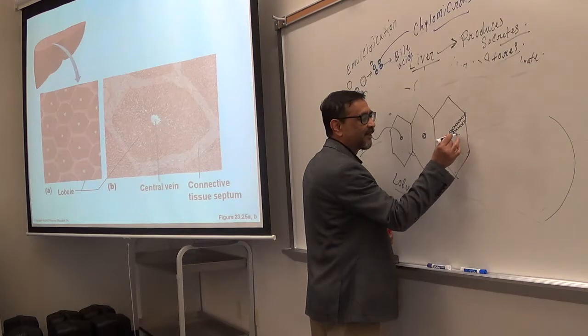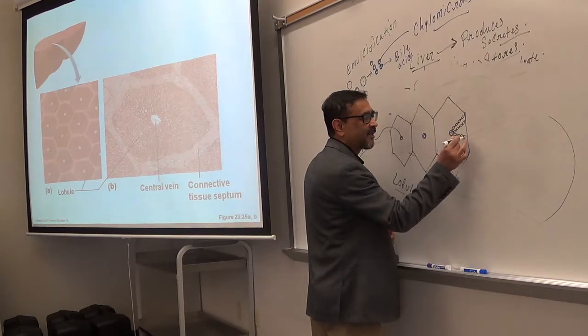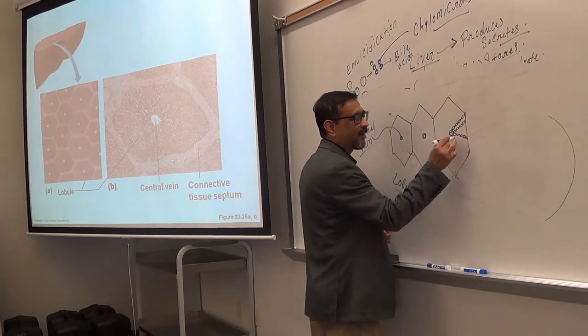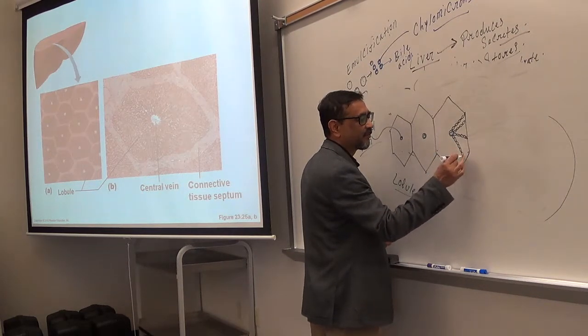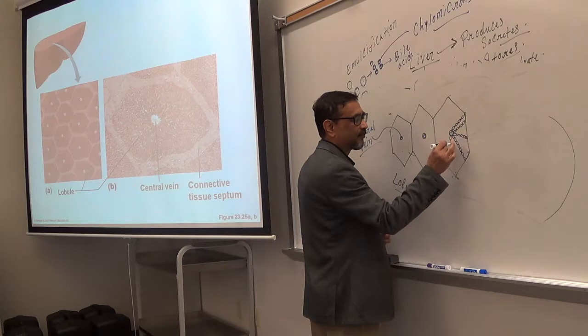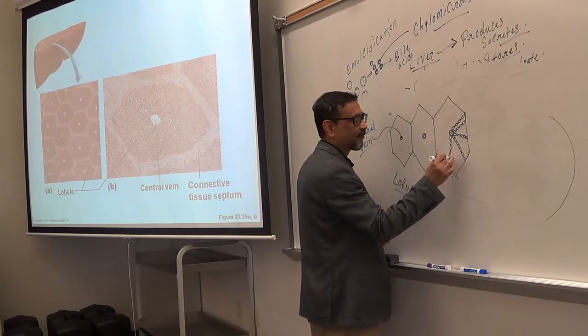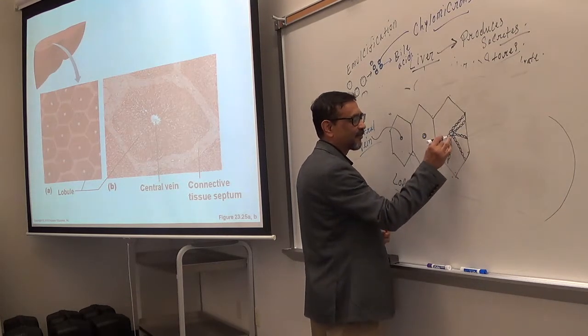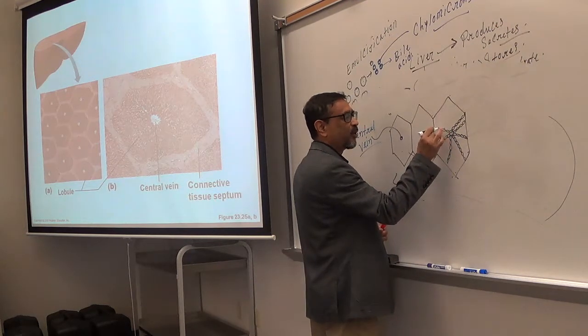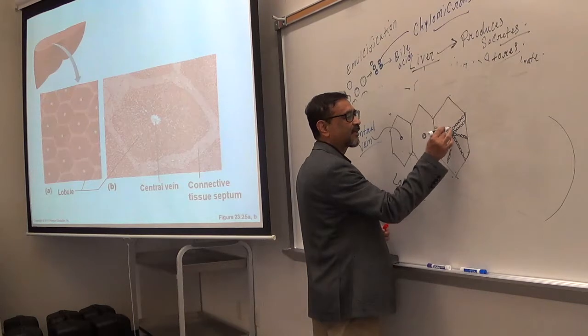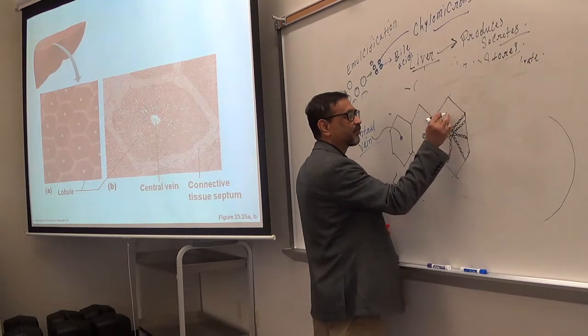You see, they are very nicely arranged inside the lobule like this. So these are hepatocytes, the cells of the liver tissue.